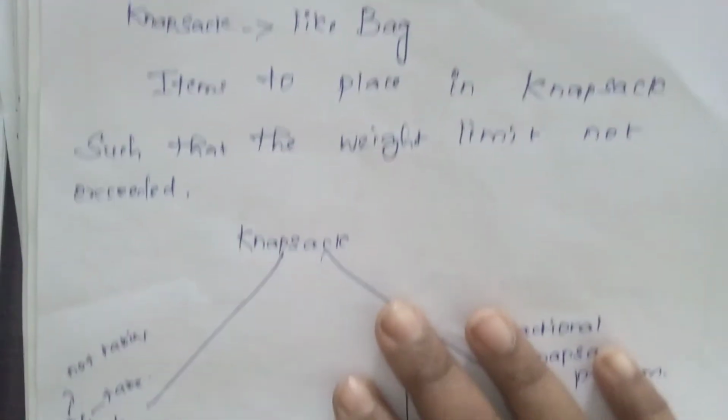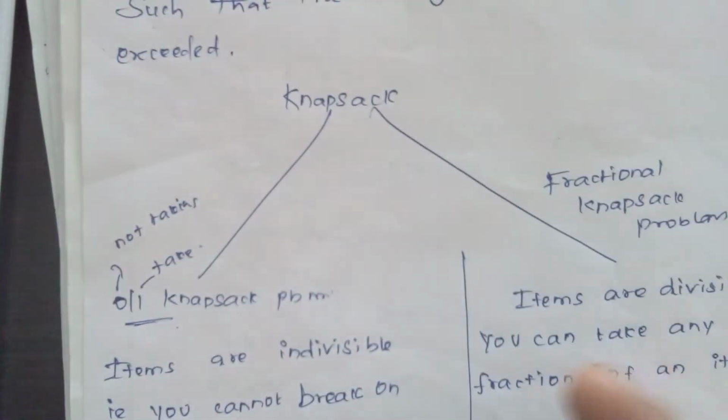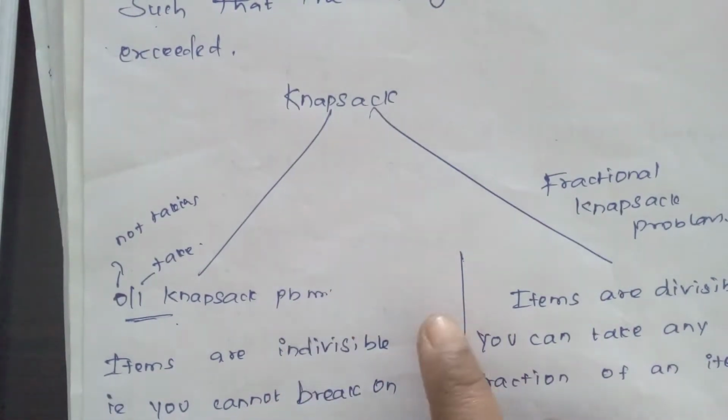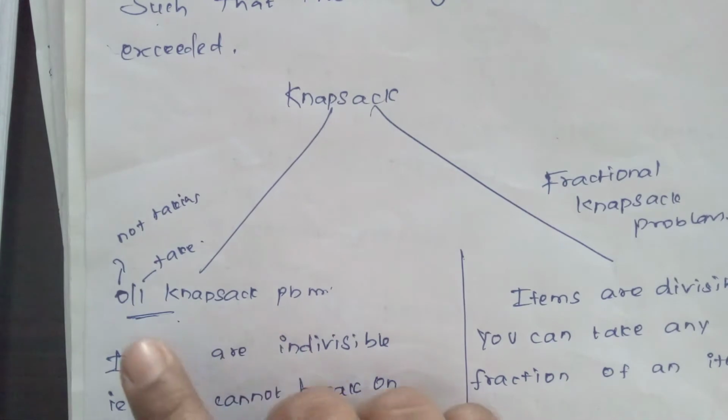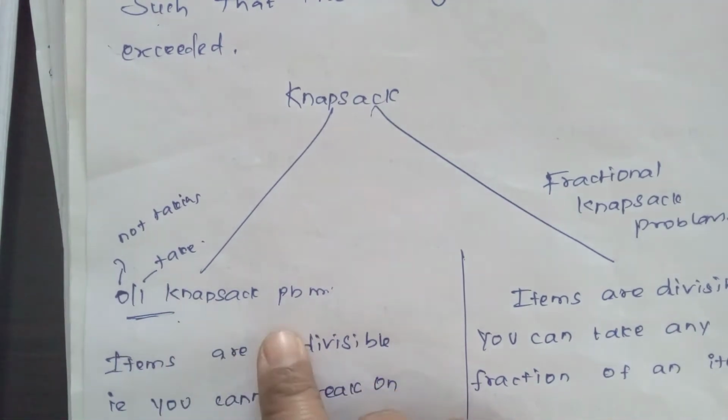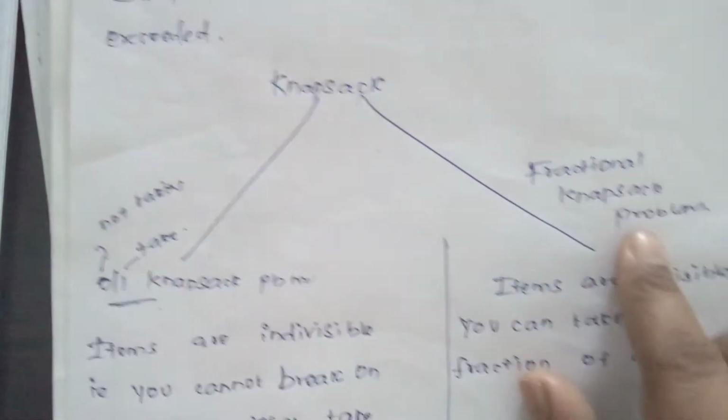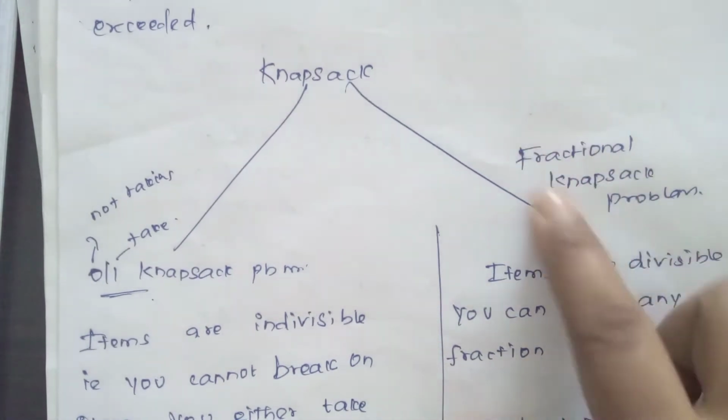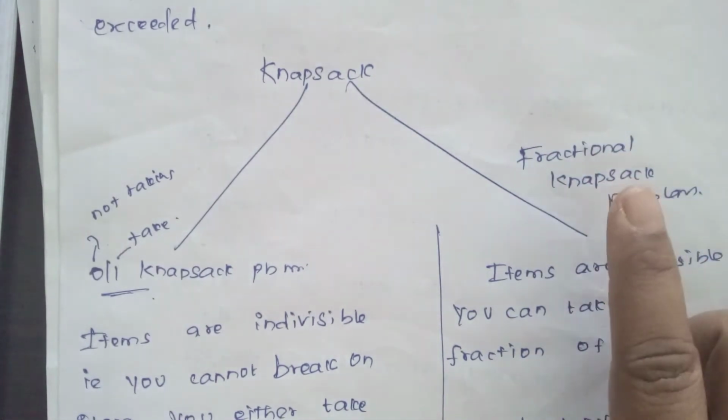See, there are two different methods for knapsack. First one is the 0/1 knapsack problem, and then the fractional knapsack problem. The fractional knapsack problem is completely from the greedy method.